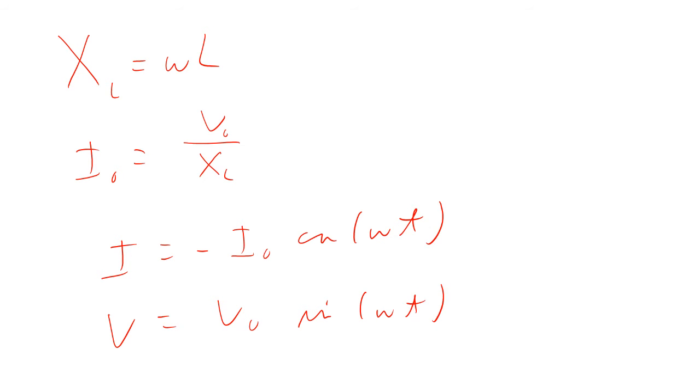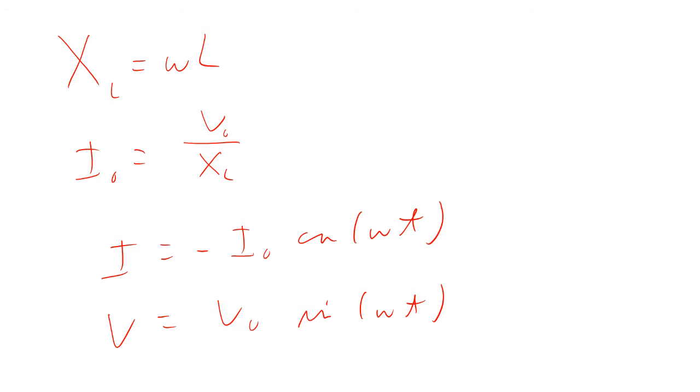And so what that means is that the current is not in phase. It's actually out of phase slightly. The negative cosine is following.